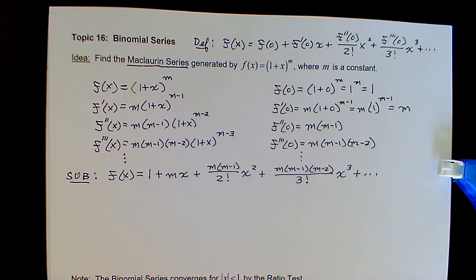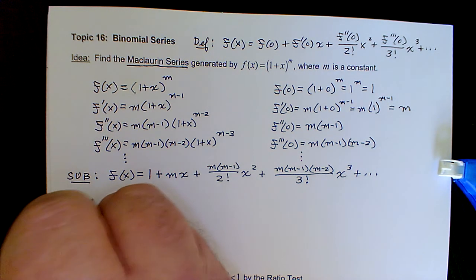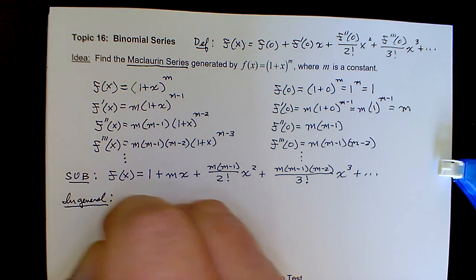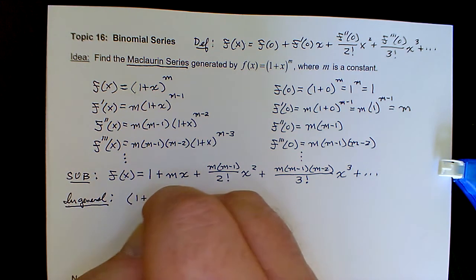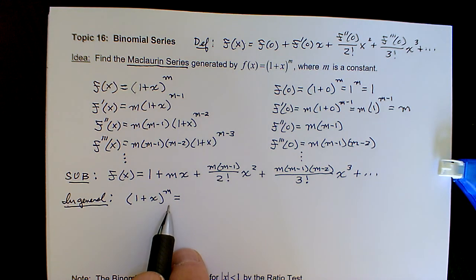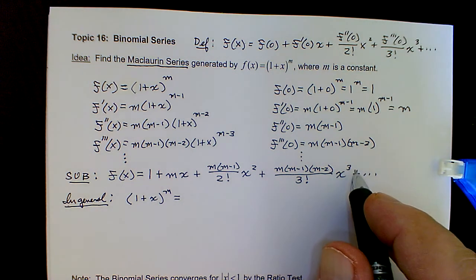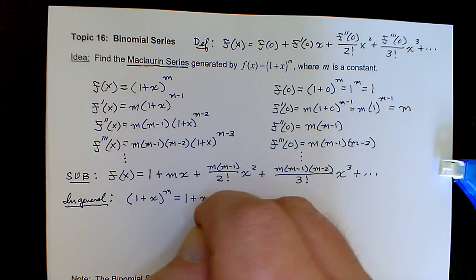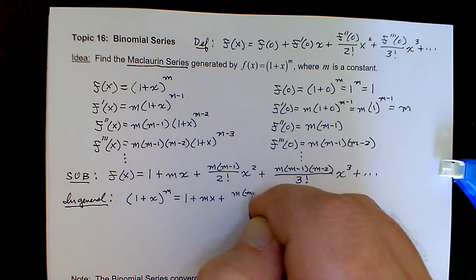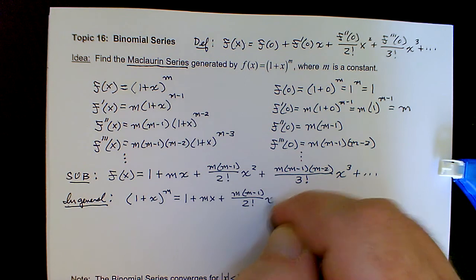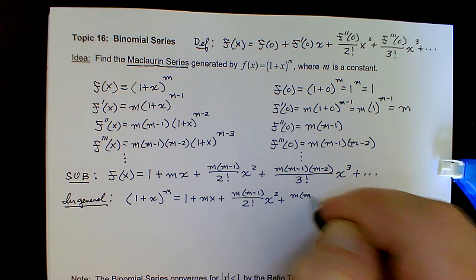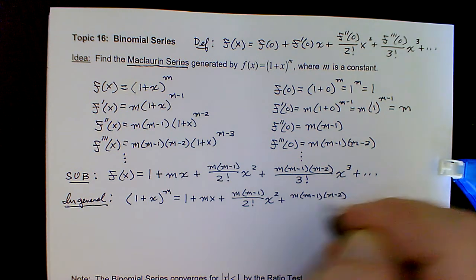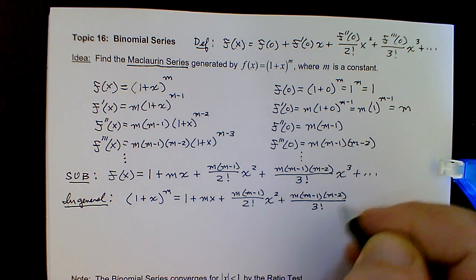And so, in general, this function, 1 plus x to the mth power, expanded as an infinite polynomial, is this expression: 1 plus mx plus m times m minus 1 over 2 factorial x squared plus m times m minus 1 times m minus 2 over 3 factorial x cubed, and so on.